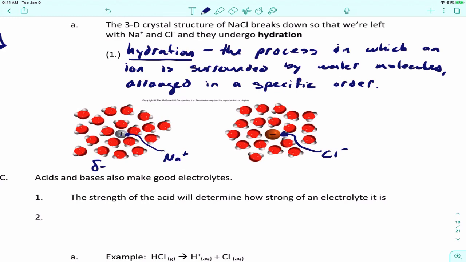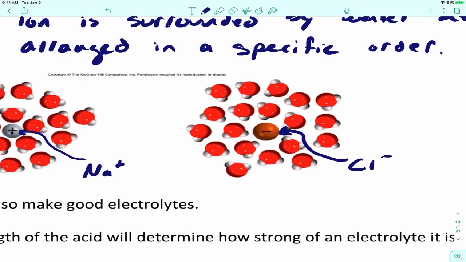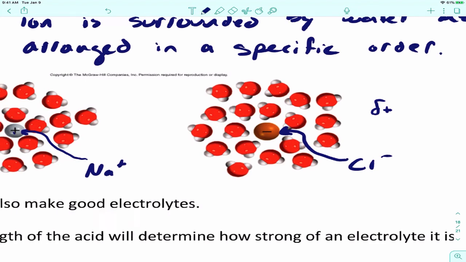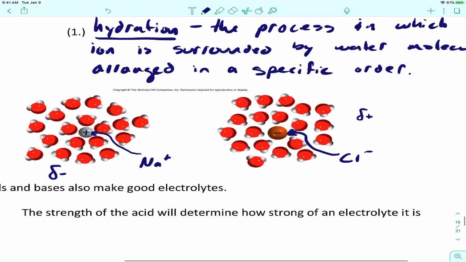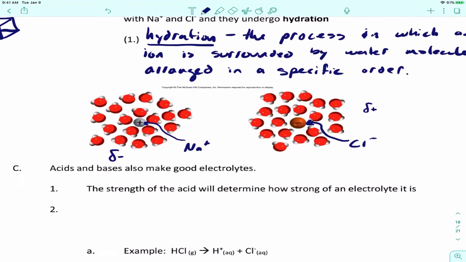Conversely, the chloride ion is negatively charged, and so the hydrogens from the water molecules, which have a partial positive charge, want to be positioned closest to that chloride ion. And that's, in a nutshell, the whole premise behind hydration.